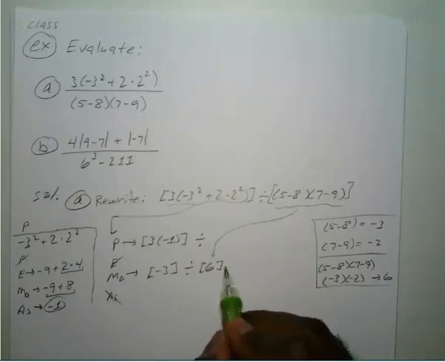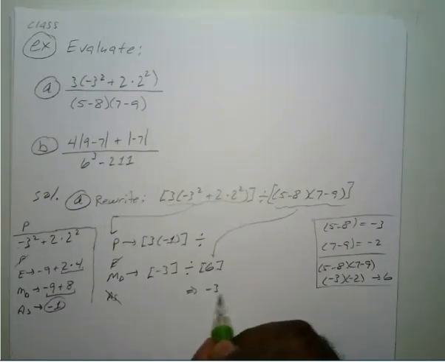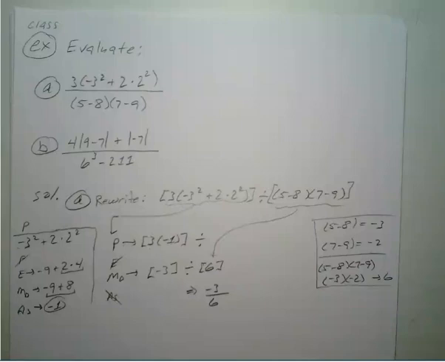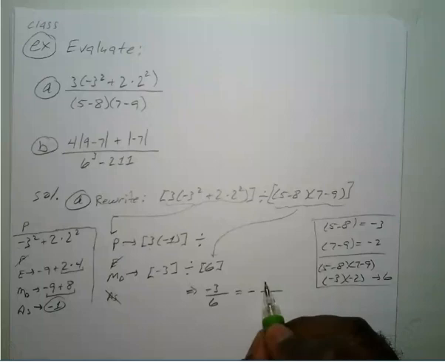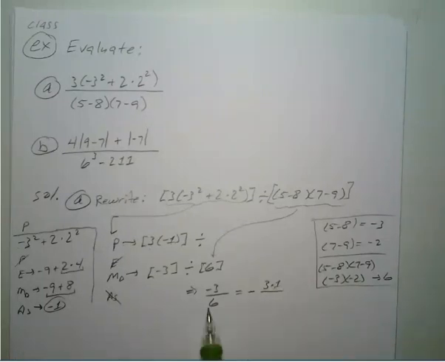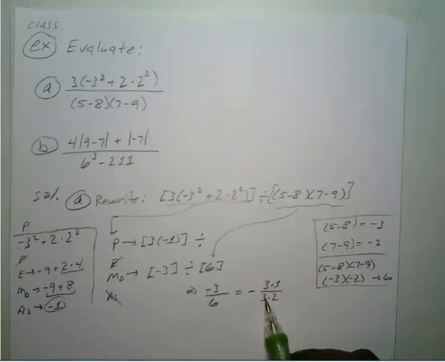Okay, so negative 3 divided by positive 6, we can simplify this because we're going to get that negative and just bring it out to the front, because you can do that. And 3, we have 3 times 1, and 6 is 3 times 2. Any number divided by itself is just 1. So this is just negative 1/2.